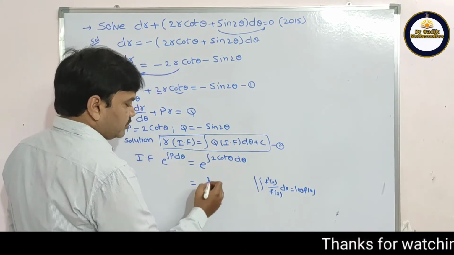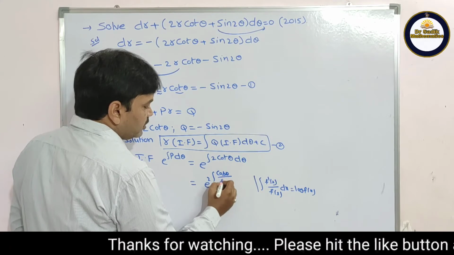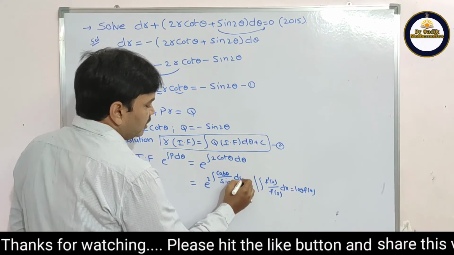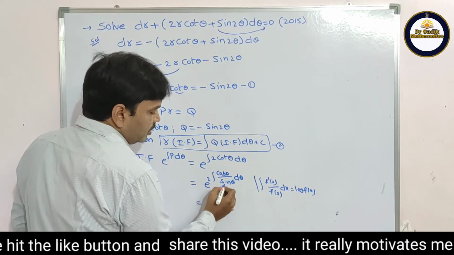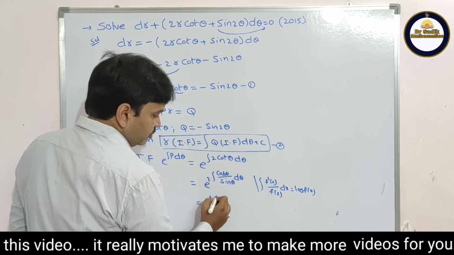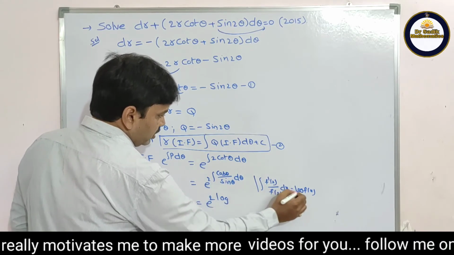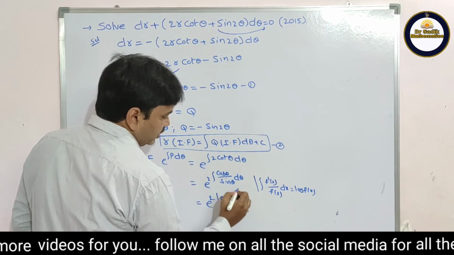So this can be written as cos theta by sin theta into d theta, that is equal to e power 2 into, sin theta derivative is cos theta. So it is like f dash of x by f of x, so log f of x. Here we have sin theta, so log sin theta.